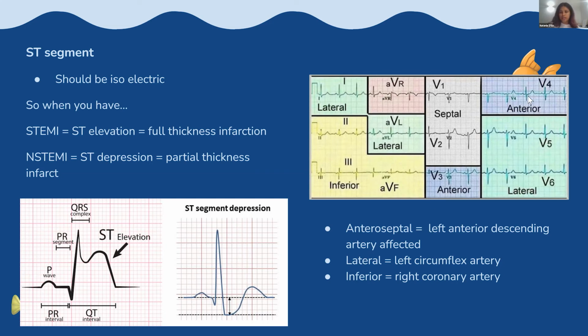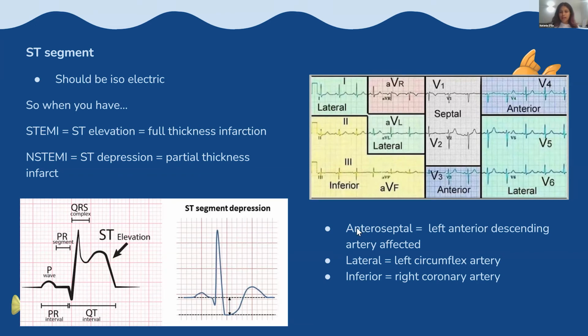You can also see here a good representation of the difference between which of the leads are lateral, which are considered septal, which are considered anterior, and which are considered inferior. And this can all be linked to which artery is being affected based on what type of STEMI you're seeing.